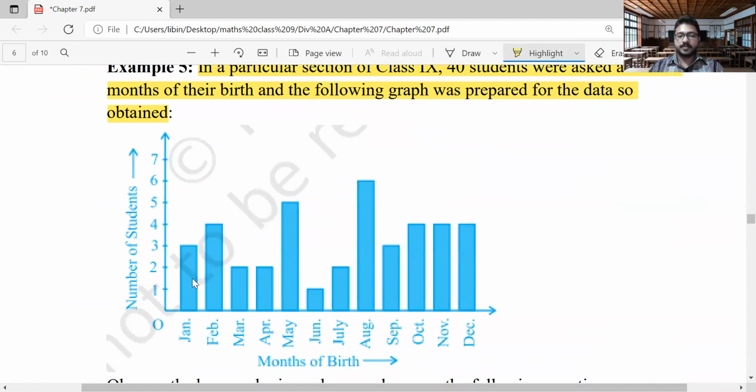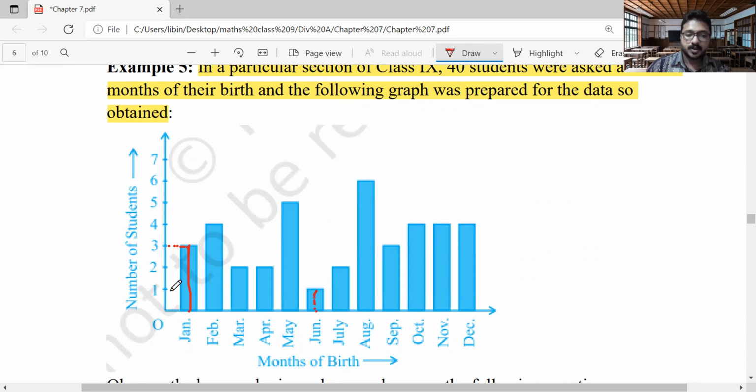Look at January. By looking at this graph, you can easily understand how to interpret it. Look at the height of January, where it stops. To find the value, just make a left movement, where it stops at 3. It means 3 students were born in January. Similarly, look at June. How many students were born in June?